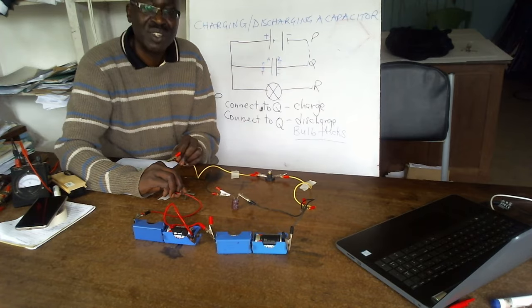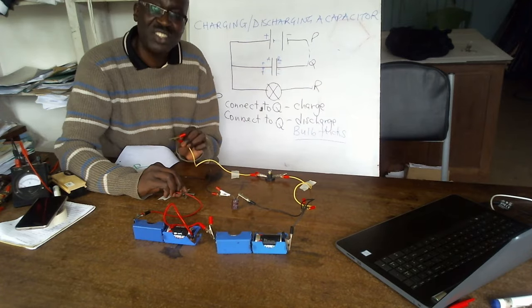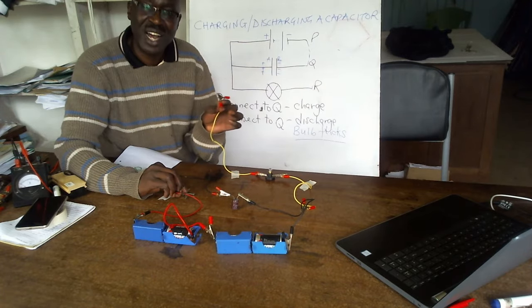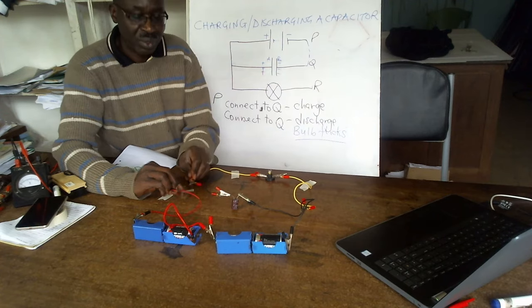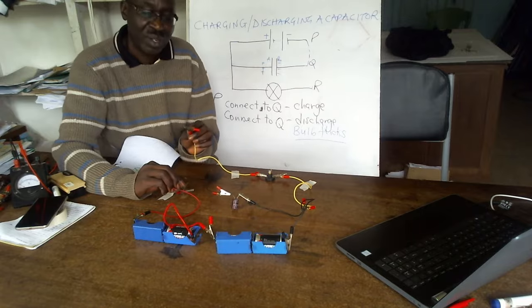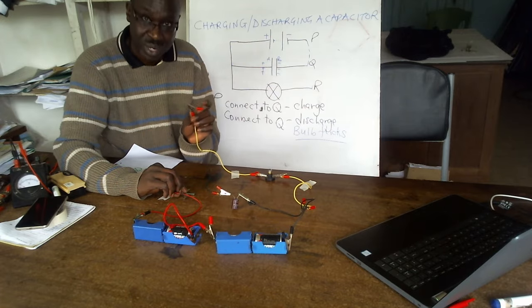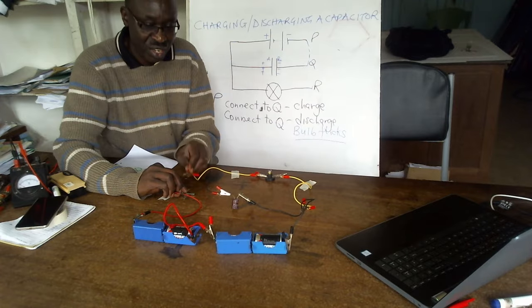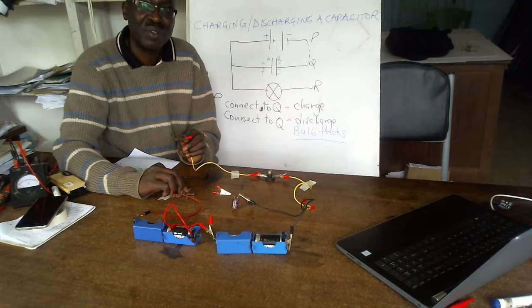Charge, discharge. R is out, so it is P to Q. R to Q. P to Q. Then R to Q. Discharge. Did you see?